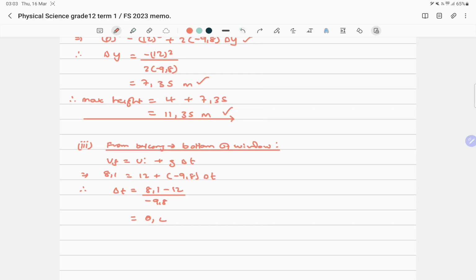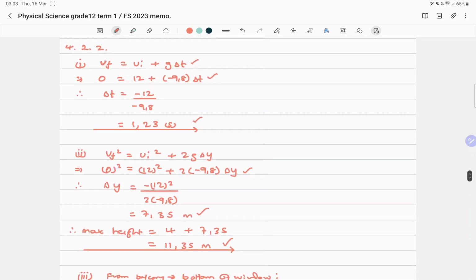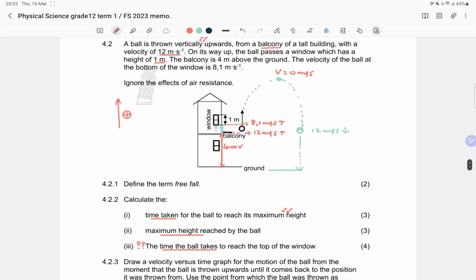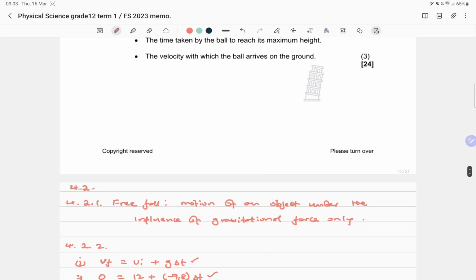This is not the answer, so I can't really do what I'm doing. So let's just do 3,9,8 seconds. Okay, so for me, I'm looking at this portion here. This ball moved from the balcony to the bottom of that window over this period of time.